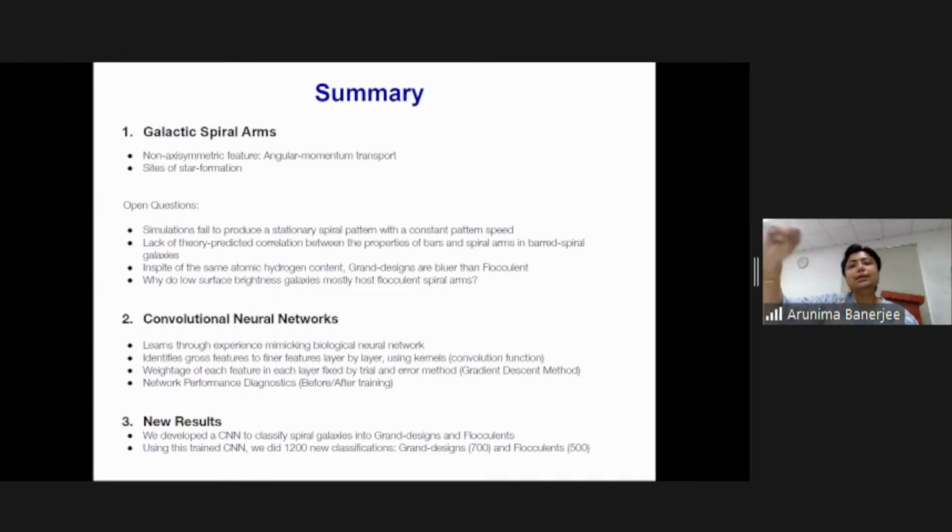Each neuron is connected to all the neurons in the next layer. So that increases the number of weightages, the number of free parameters, much higher. So training will be very difficult. So I think it is much better to go for a DCNN when you are going for image classification.